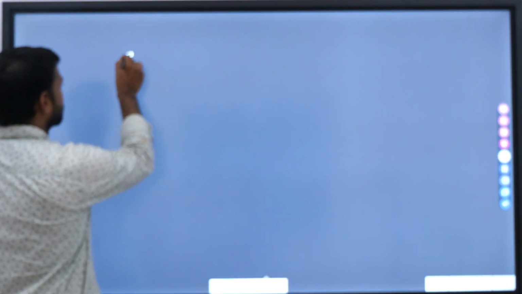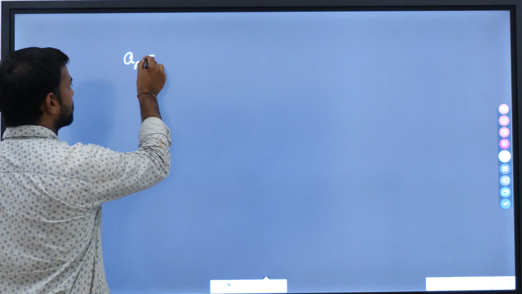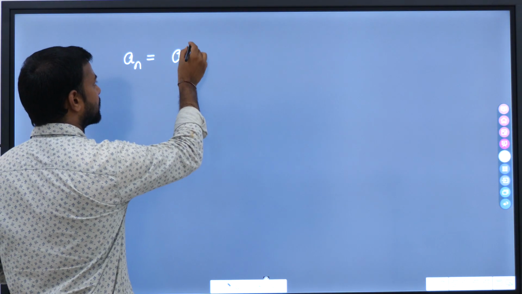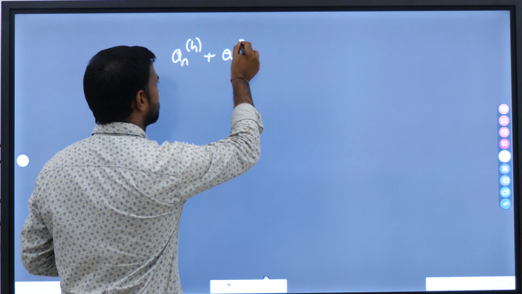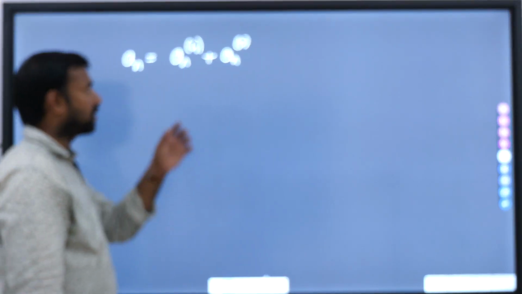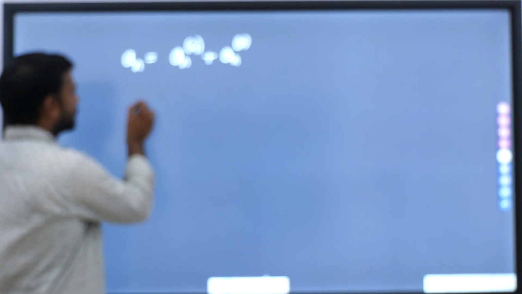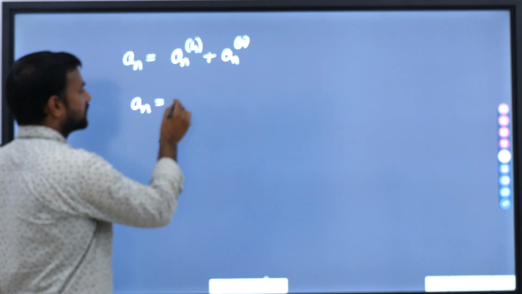Now all possible solutions are given by a_n equals a_n^(h) plus a_n^(p), that is, the homogeneous solution plus the particular solution. So therefore a_n equals what?